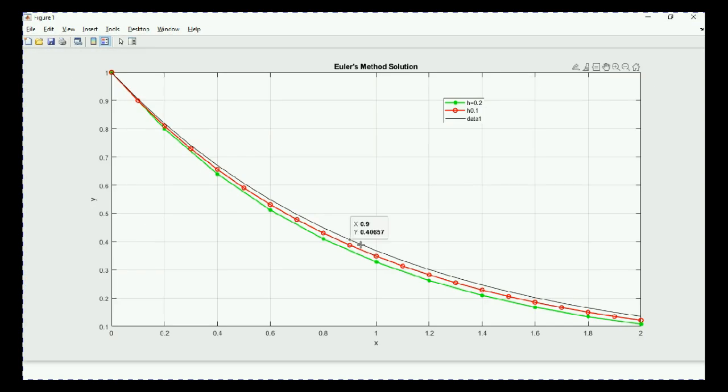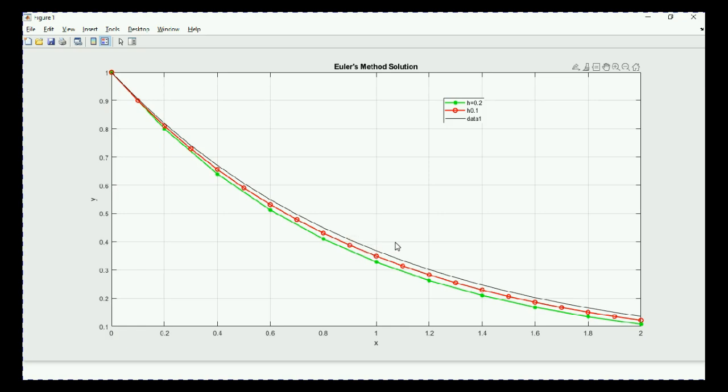The black one is the analytical solution, which is the exact solution, and the green and red ones are our attempts to numerically calculate the solution using Euler's method. With h equal to 0.2, the green one gives an error. When we reduce h, obviously we get a better solution. The red one for h equal to 0.1 is very close to the actual solution.